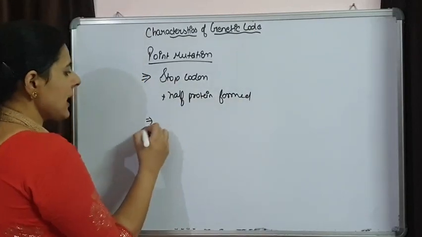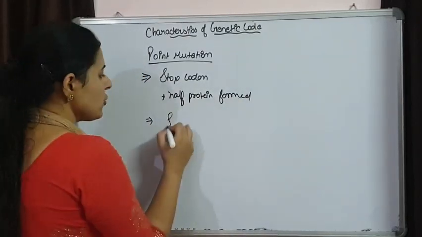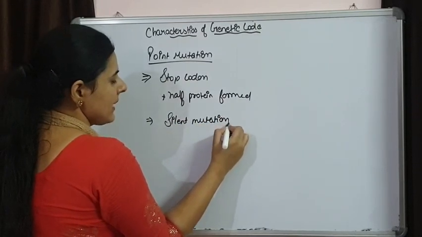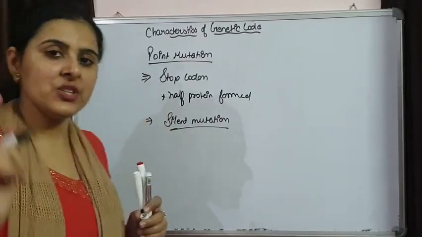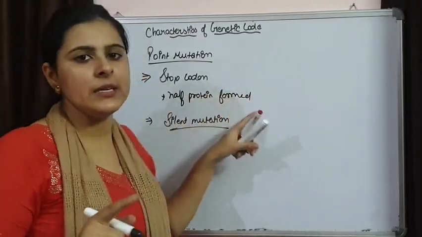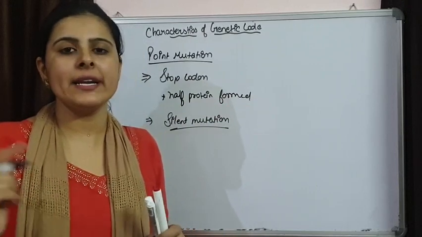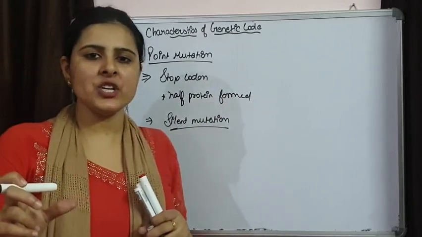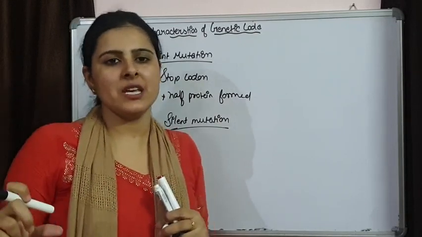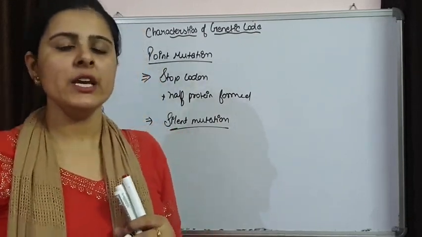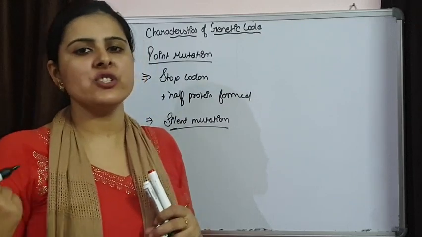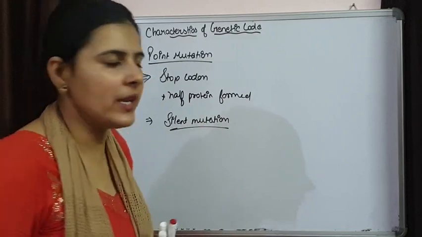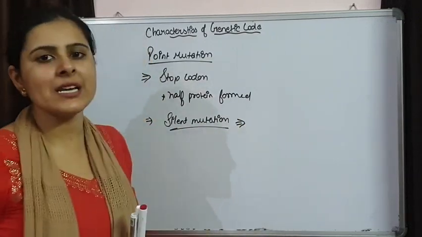Another situation can be where there is no change, which is known as silent mutation. Silent mutation means a change is there in the nucleotide, but that change has not led to a change in the amino acid. न्यूक्लियोटाइड में चेंज हुआ है, लेकिन उसकी वजह से अमाइनो एसिड जिसके लिए कोडोन कोड करता था वो चेंज नहीं हुआ. ऐसी म्यूटेशंस को हम साइलेंट म्यूटेशंस बोलते हैं. और साइलेंट म्यूटेशंस मोस्टली कब होती हैं?